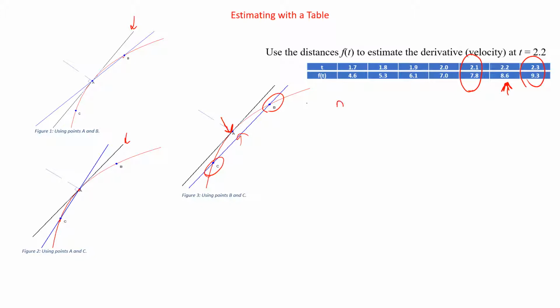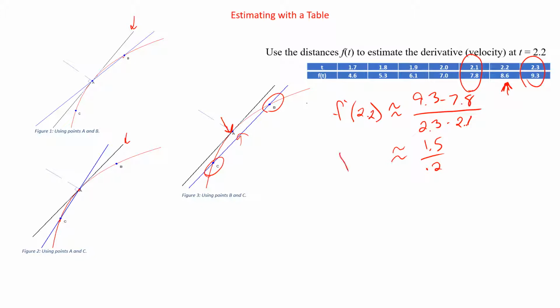So f prime of 2.2 is going to be about equal to (9.3 minus 7.8) over (2.3 minus 2.1). 9.3 minus 7.8 is going to be 1.5, over 0.2.